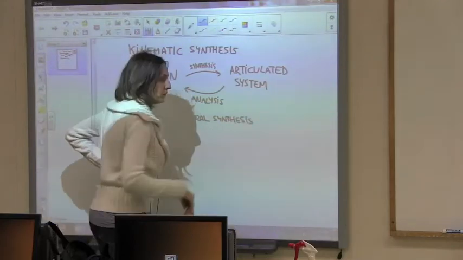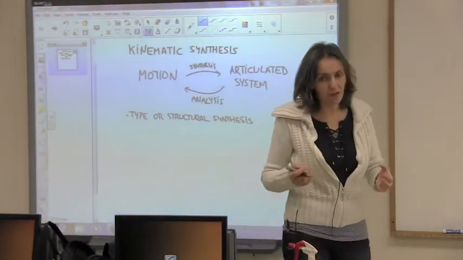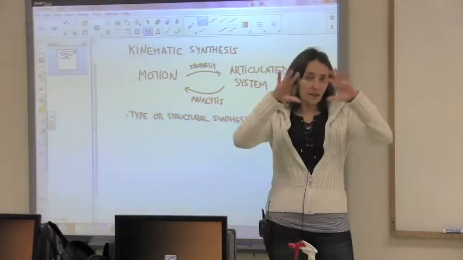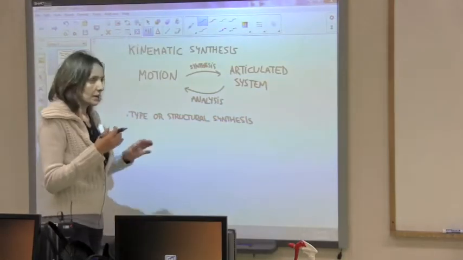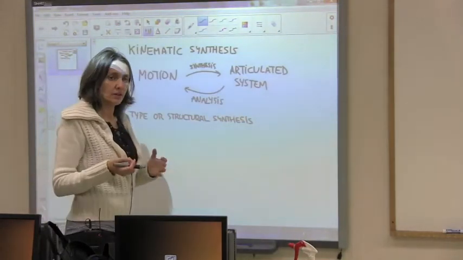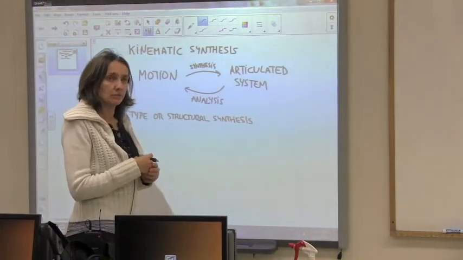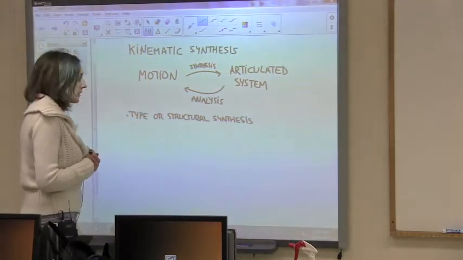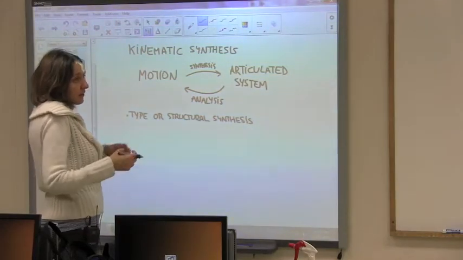So it's like, yeah, I want to do this motion, or I want to do this set of motions, or I want our robot to move in this space. But what kind of joints do I use? Is it a parallel robot or just a serial manipulator? How many links? So that's what we call the type or structural synthesis, that determines the structure, right?